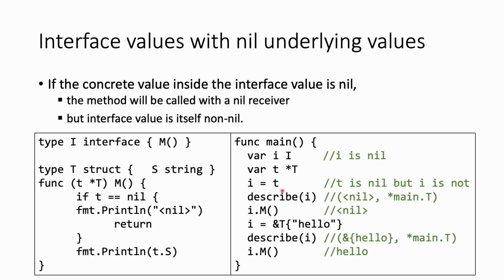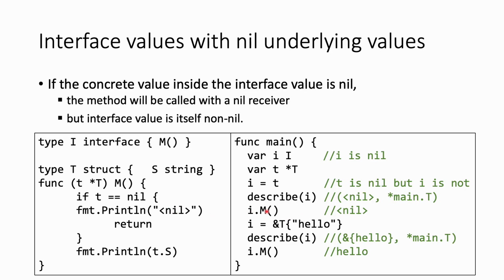The underlying value of the interface value I is a nil pointer of type pointer to T. And when we call I.M, the method M is called with a nil receiver of type pointer to T, so it displays the string nil.